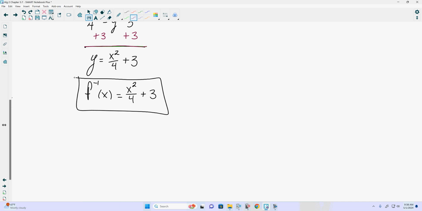There's not a whole lot of reason to do that. In order to do that, we would need to change 3 so it has a denominator of 4, which would really just tell us that it's x squared plus 12 over 4. I'm okay with either one.